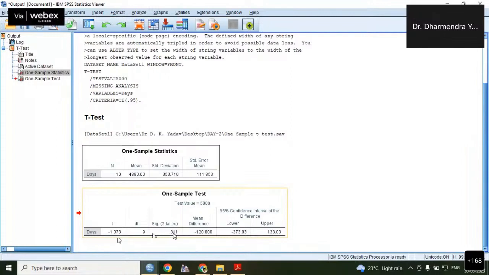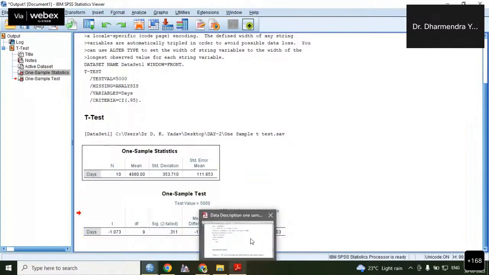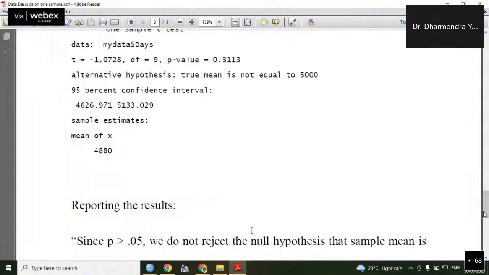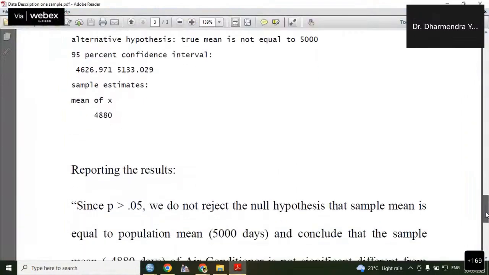Right? It means our null hypothesis will be accepted because 0.311 is greater than 0.05. It means there is no difference. It means the average life of air conditioner is 5,000. What is being claimed is right.